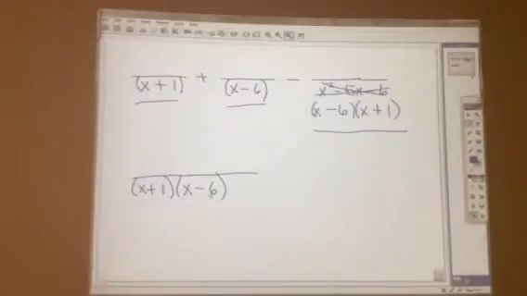X minus 6 is already there, and x plus 1 is already there. That right there would be my common denominator. Just because these are repeated, you don't write them down twice.